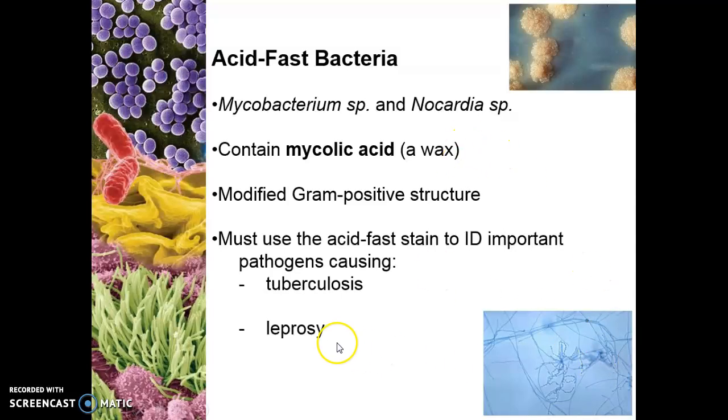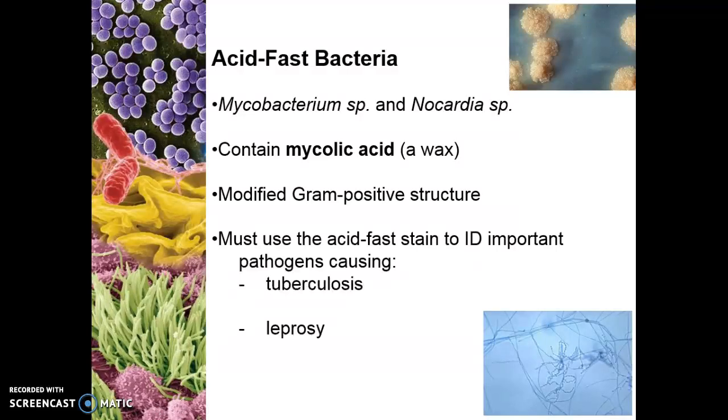Mycobacterium is the pathogen that causes tuberculosis, as well as leprosy. And doing this acid-fast stain is very important to identify these two organisms. What makes these cells acid-fast is a component called mycolic acid, and it basically is a wax. And wax is just that, it's wax.